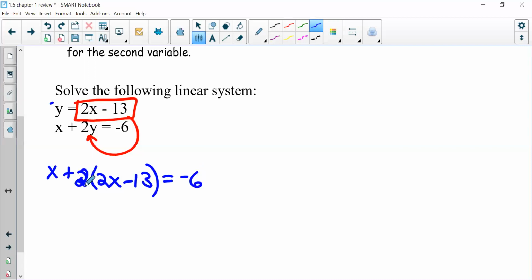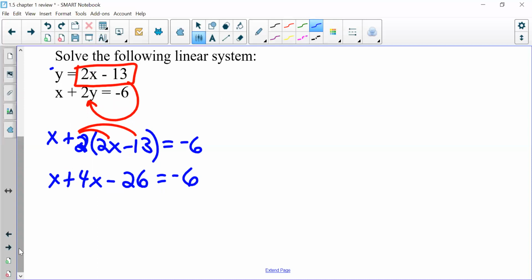Then you're going to want to do 2 times 2, 4x, then 2 times negative 13, negative 26. So basically, we substituted in. You will usually have a distribution that has to happen, so distribute, and then we're in the process of simplify and solve. So you're going to move that negative. Okay, so we can move that negative over to the other side and go positive.